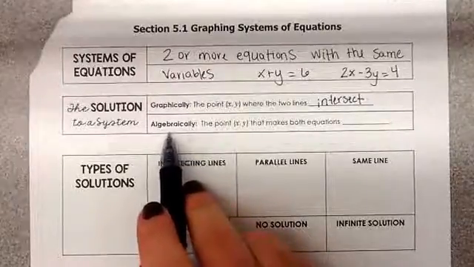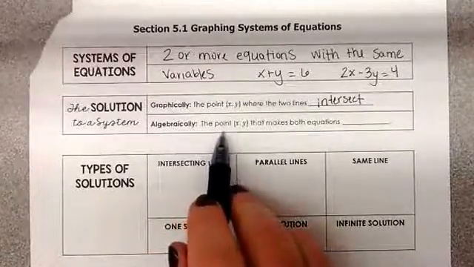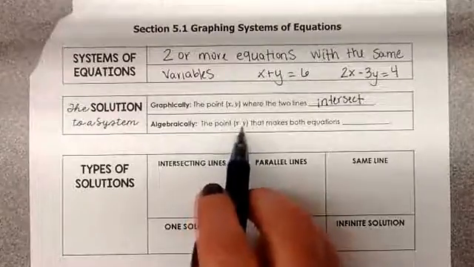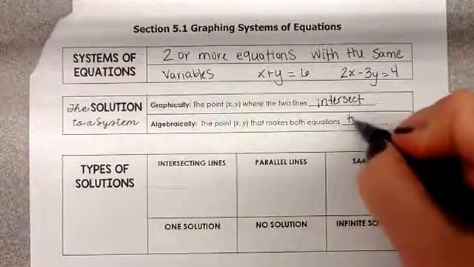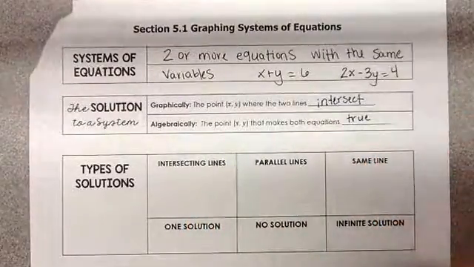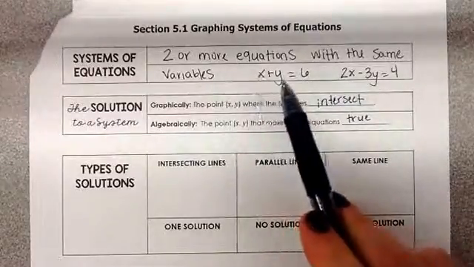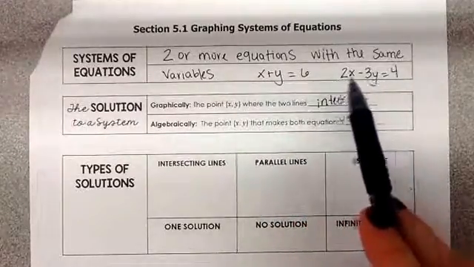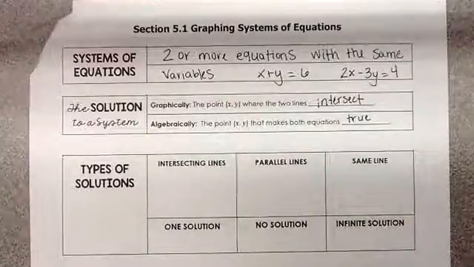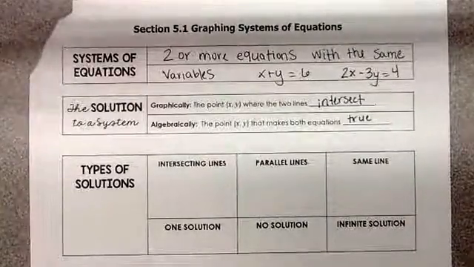Later in the chapter we'll be algebraically solving them, and that's where the point xy makes both equations true. So what we're looking for is the values that make all the equations in our system true.